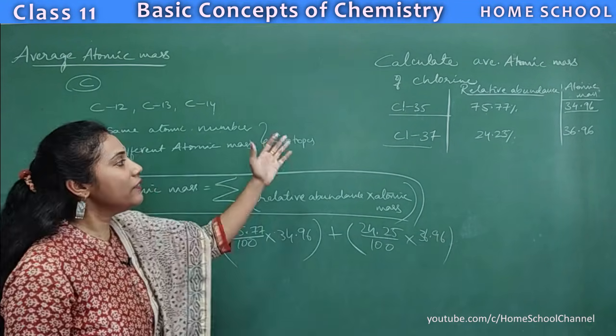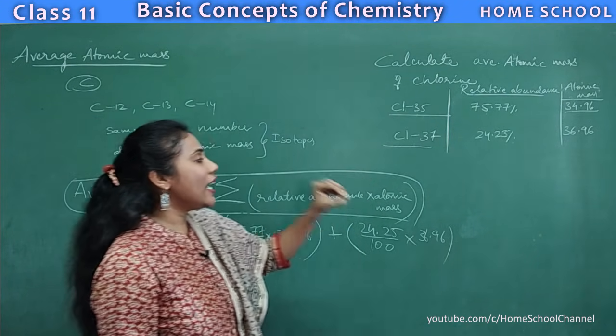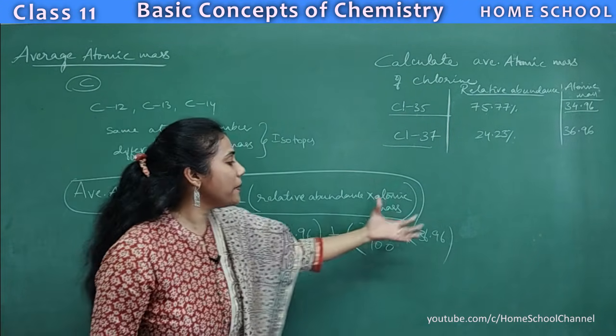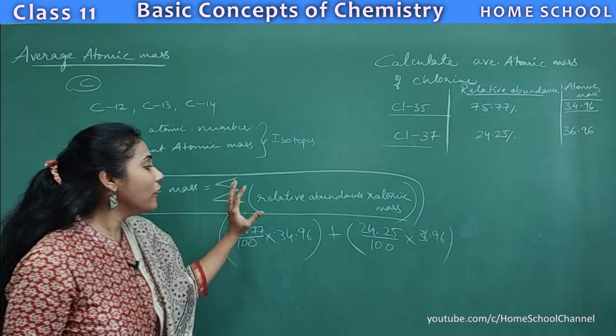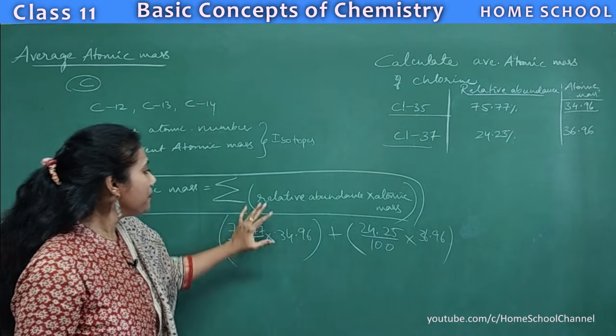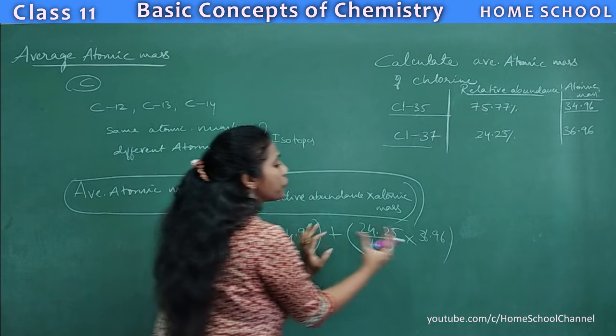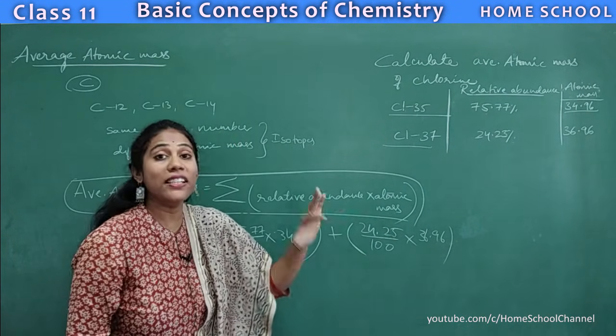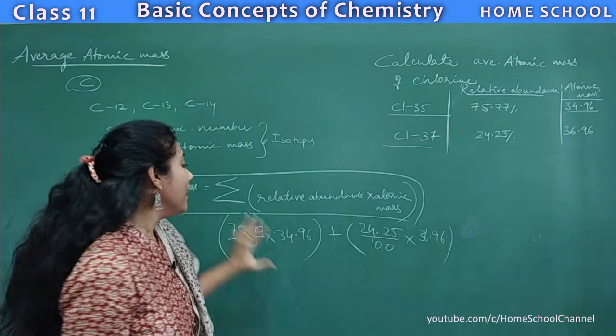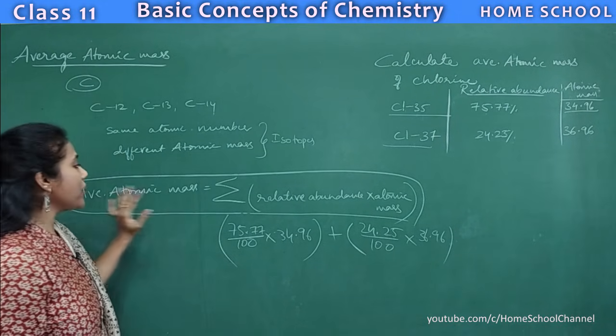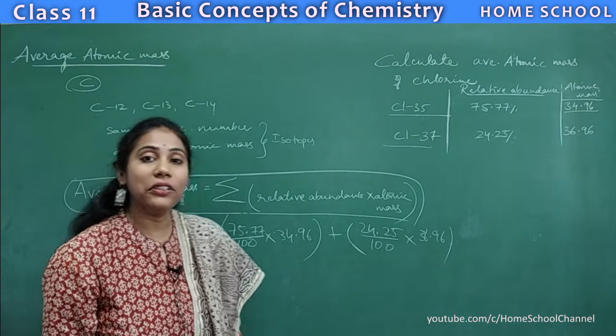However many isotopes you have, you must go on adding that many isotopes' information: relative abundance into atomic mass of each isotope. That gives you the average atomic mass of a particular element.